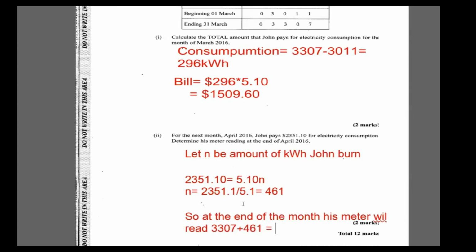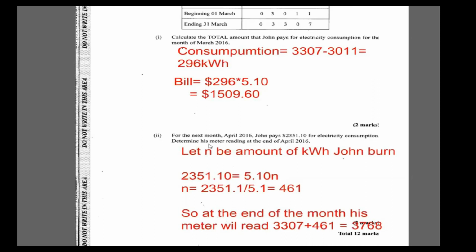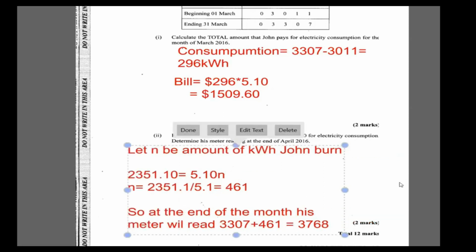That is equal to 3,768 kilowatts. That's his meter reading at the end of the month. Nice and easy.